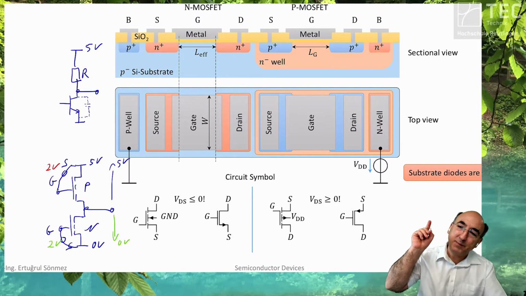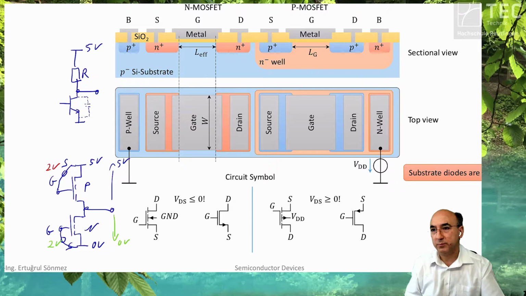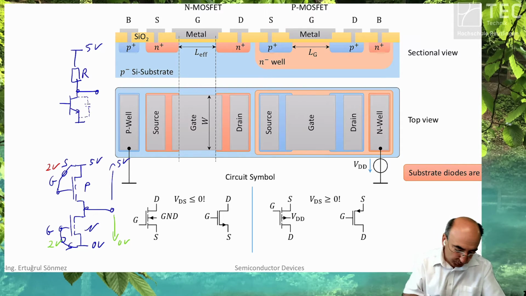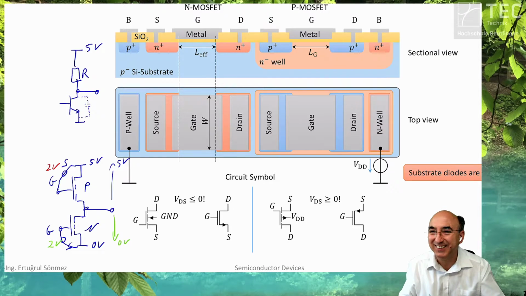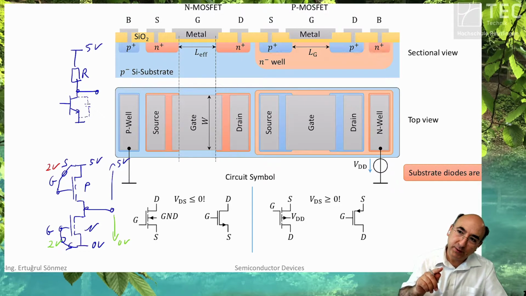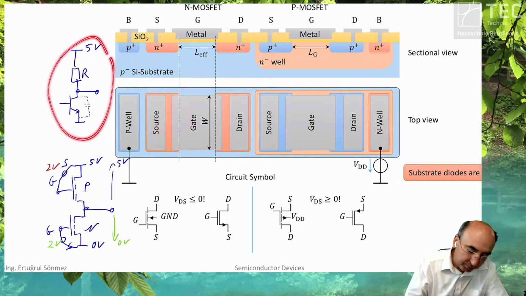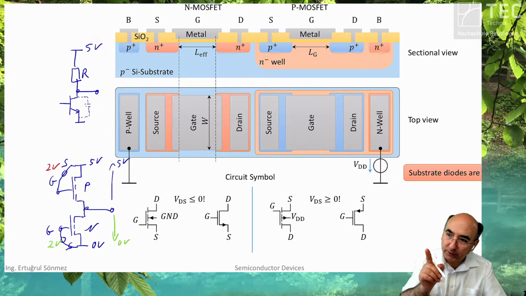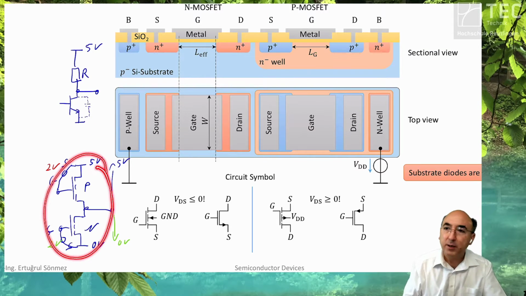And this is damn slow compared to actively shortcutting this node to the power supply. Therefore, digital circuits, yeah, not really. You can't do that with bipolar. Analog circuits, we will learn, is the domain of bipolar, but digital is the domain of MOSFETs.